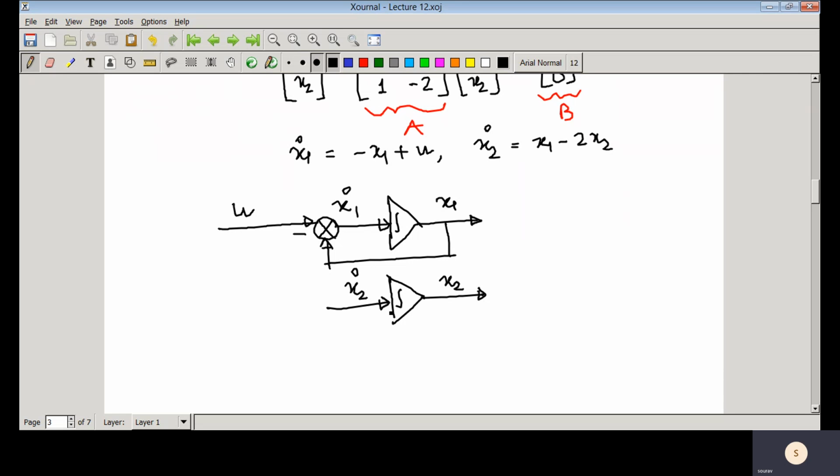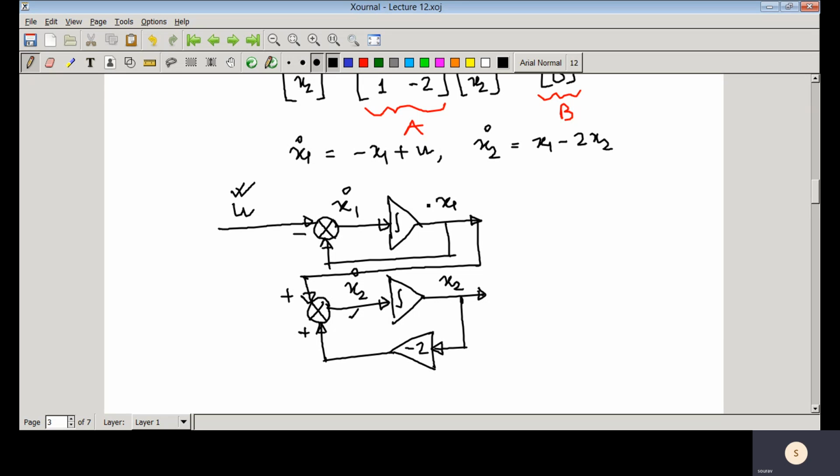And you can see here that x1 is connected to this x2, so x2 dot equal to x1 minus 2x2, and x1 dot equal to this. Now here you can see that this is the control input.